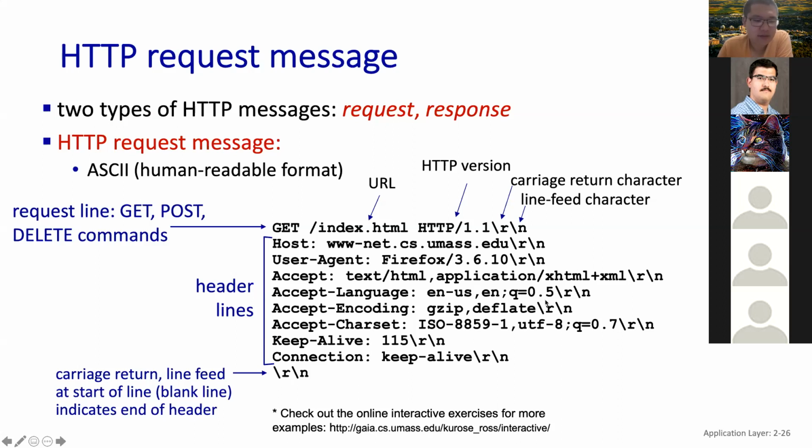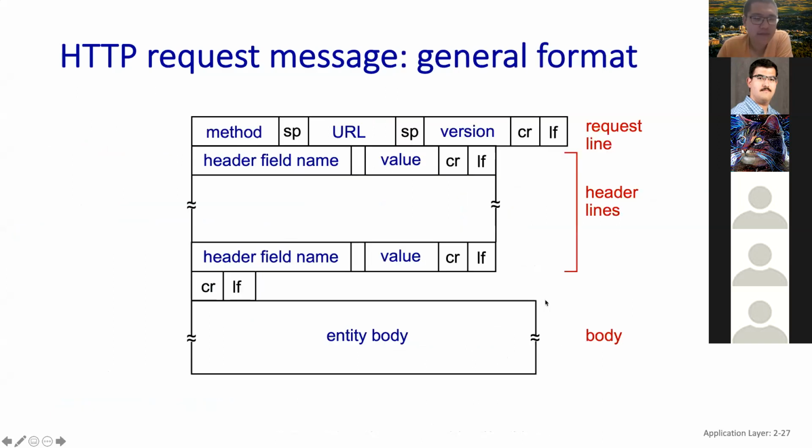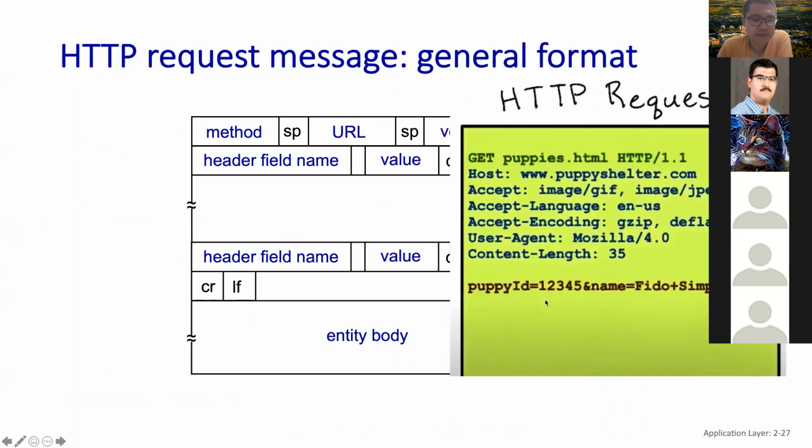But these are not necessary. For a simple HTTP request message, you only need the first request line and the second header line. That should be fine, as we showed in the demo. And after that, another blank line to end the request. So this is the general format for the HTTP request message.